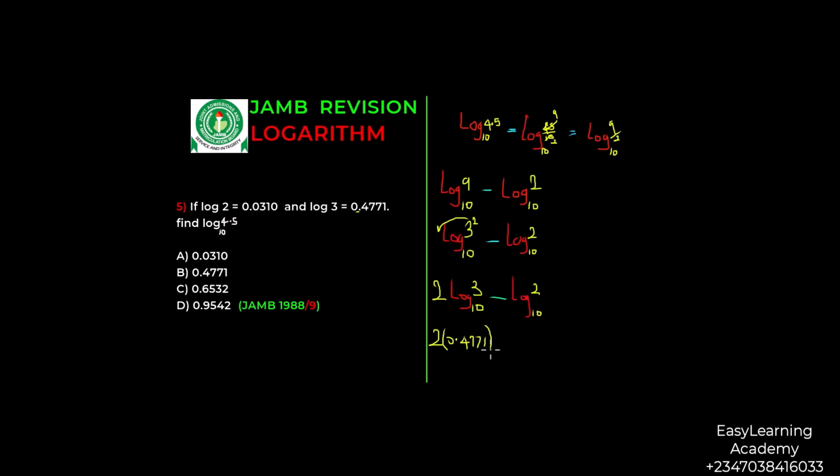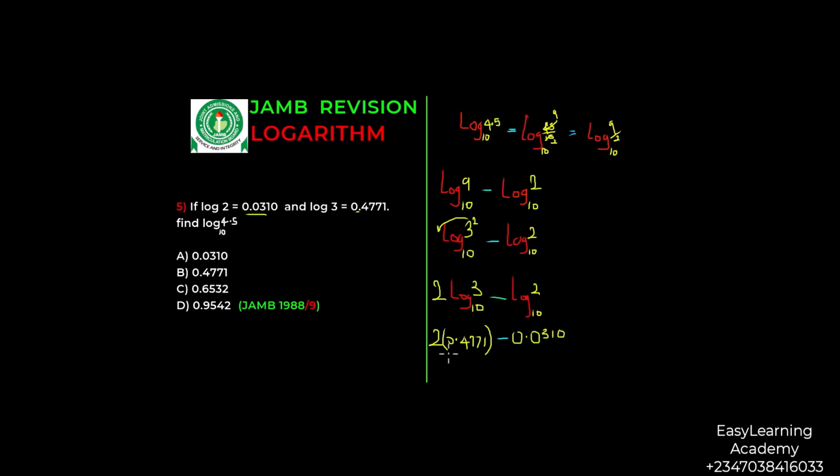Let's close it so we know it's multiplying. We are using 2 to multiply everything there, and minus log 2 base 10, which from our question is 0.0310.